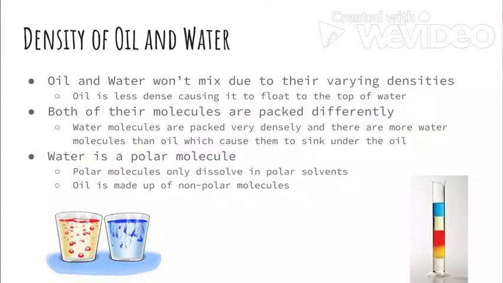Even if we were to take a spoon and mix the oil and the water together, over time we're going to see that separation between the water and the oil, which is how our experiment is going to come to be.